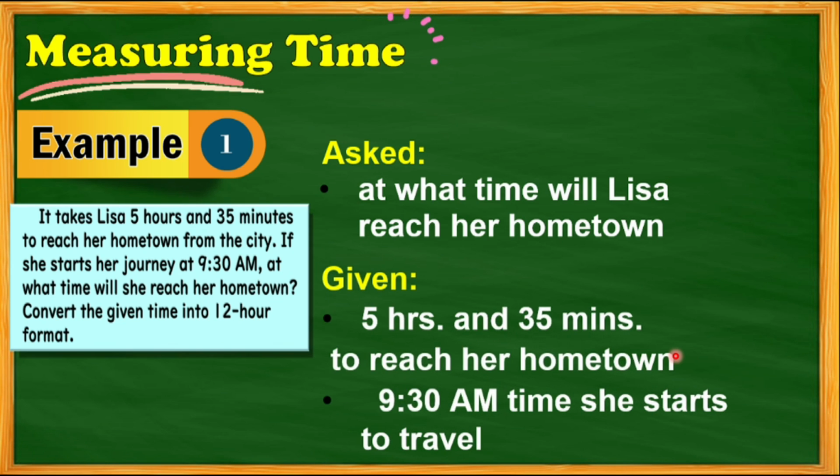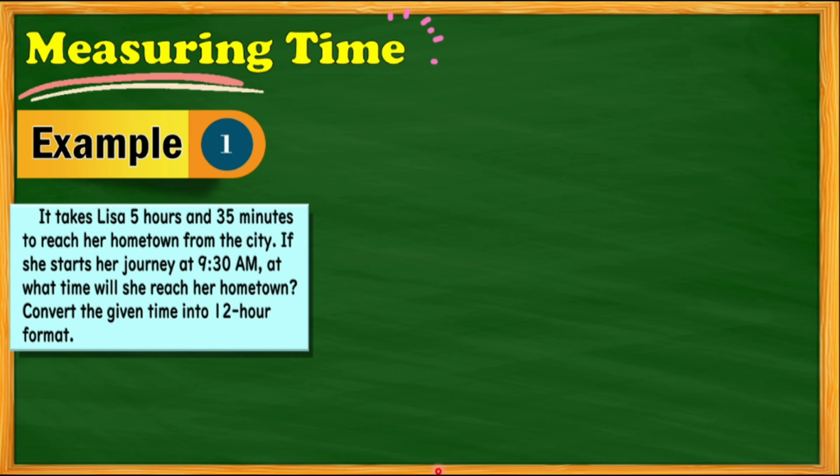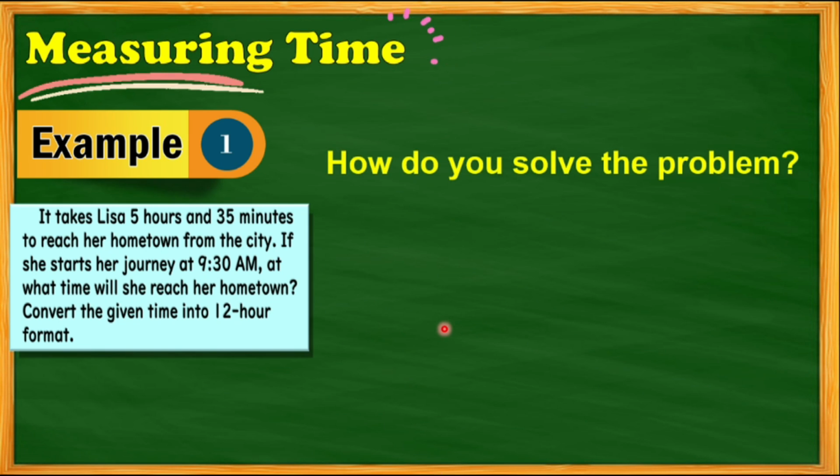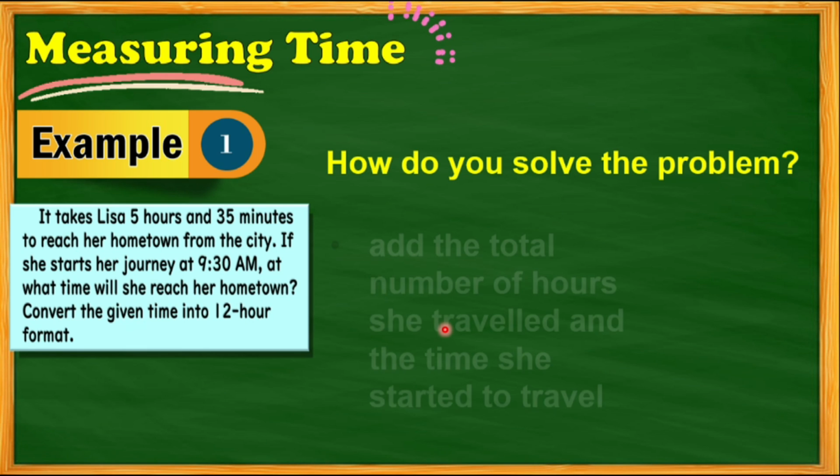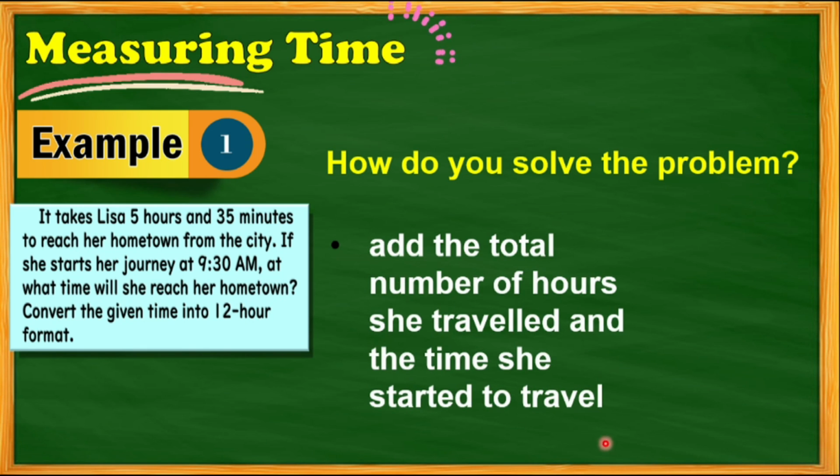The given are 5 hours and 35 minutes to reach her hometown and 9:30 a.m., the time she starts to travel. So, how do you solve the problem? Add the total number of hours she traveled and the time she started to travel.